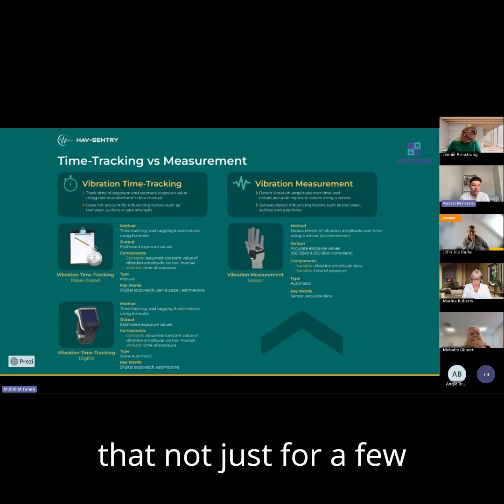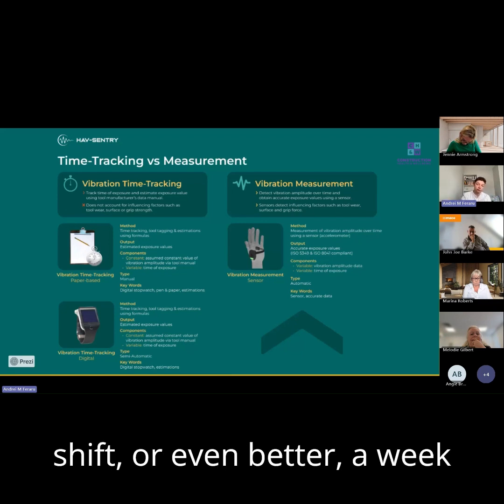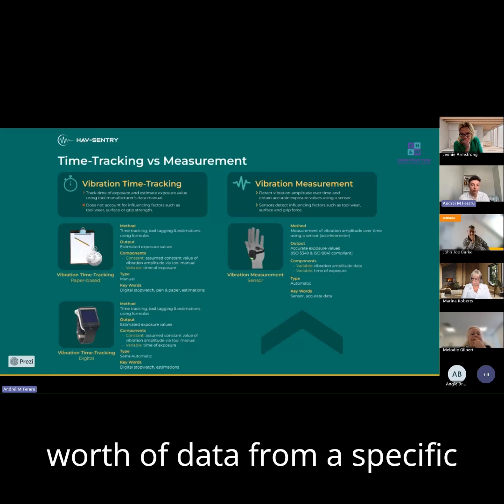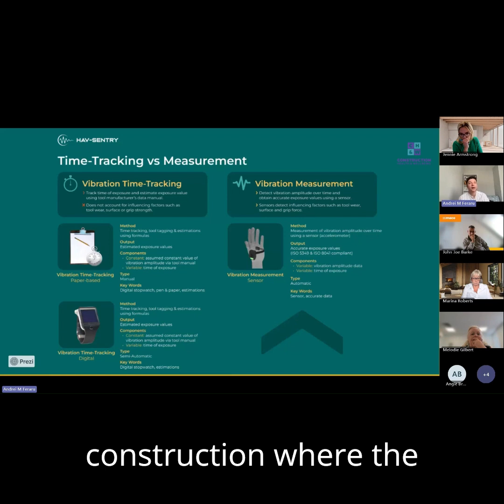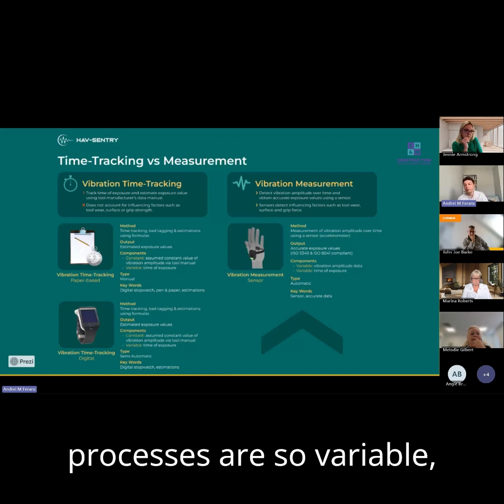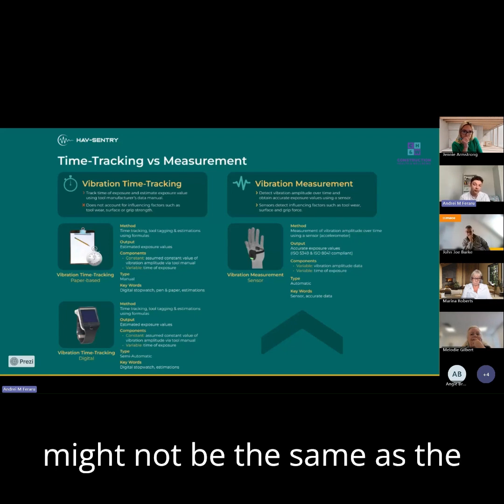You're measuring that not just for a few minutes to record the vibration magnitude, but you're measuring a whole shift, or even better, a week's worth of data from a specific individual, especially in construction, where the processes are so variable that you work with multiple tools in a day, and one day might not be the same as the previous day.